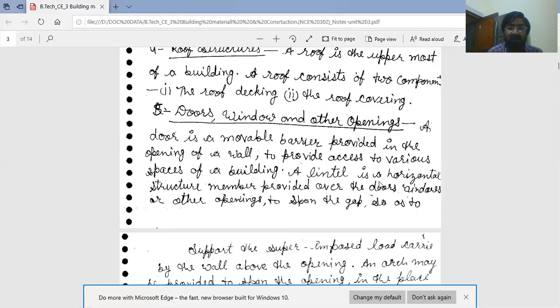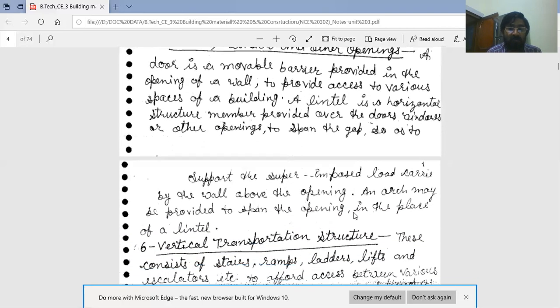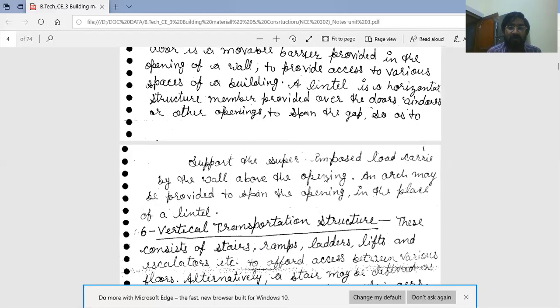A lintel is a horizontal structural member provided over the door, windows or other openings to span the gap so as to support the superimposed load carried by the wall above the opening. Lintel is a simply supported beam. An arch may be provided to span the opening in place of a lintel.